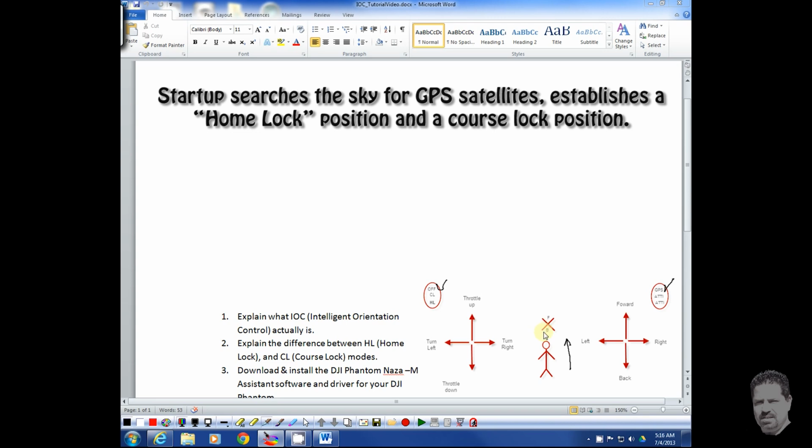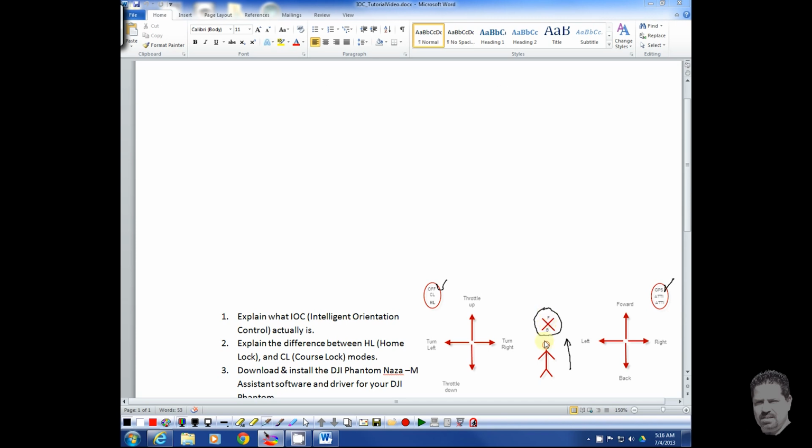In other words, it looks for the GPSs in the sky, and one of the things that it does is it establishes what's called a home point. Your home point is where this flight is starting from. This flight is starting from here, and from this place, it's going to know that this is forwards and this is backwards, and this plays into the intelligent orientation control.